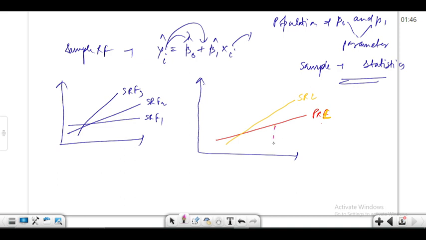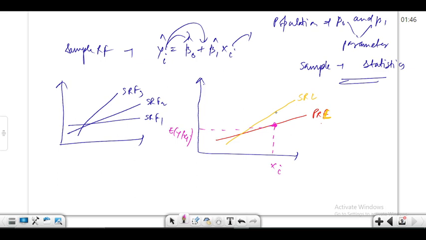There is this xi value, and corresponding to xi, this is your E of y given xi, because it's lying on the population regression line.